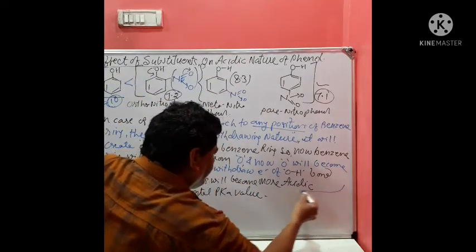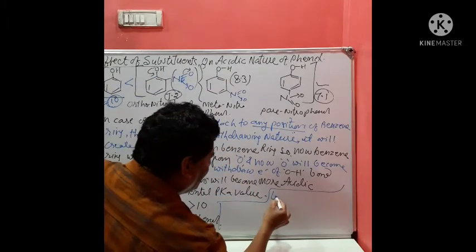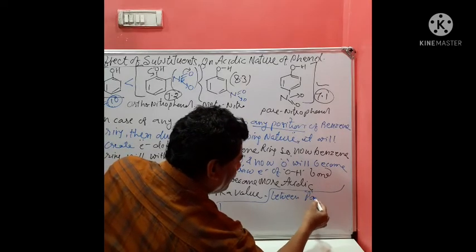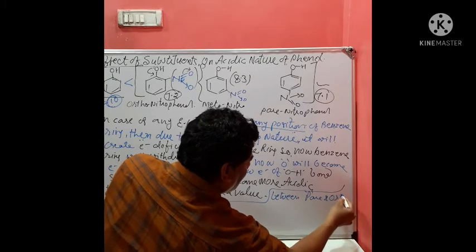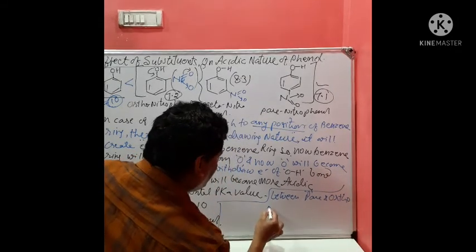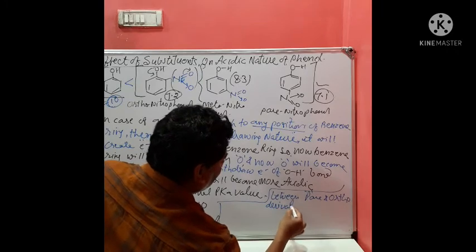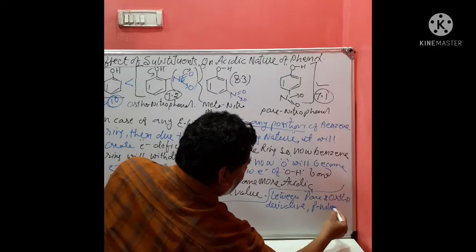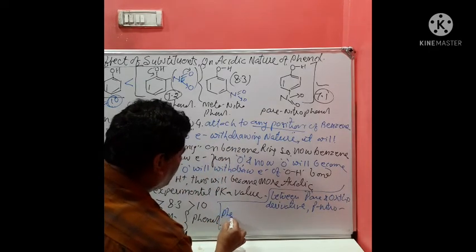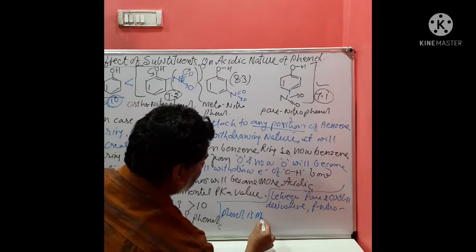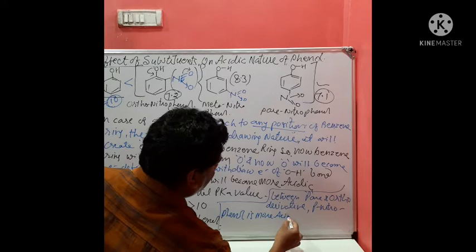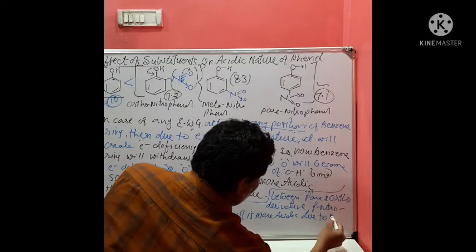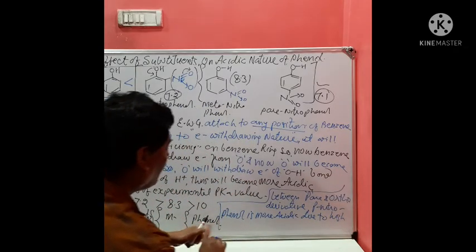So between para and ortho derivatives, paranitrophenol is more acidic due to high charge dispersal.